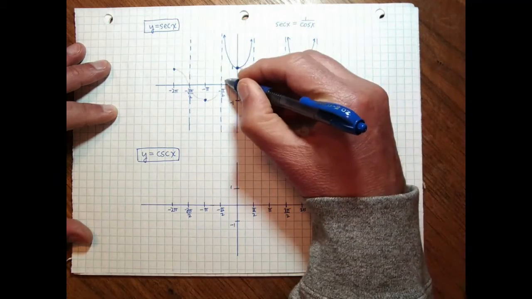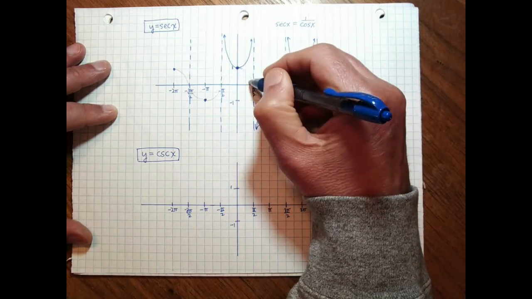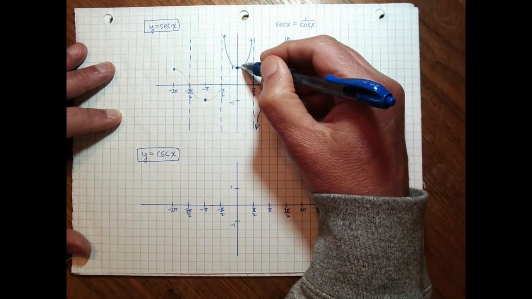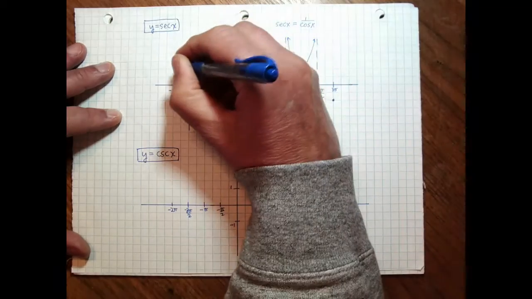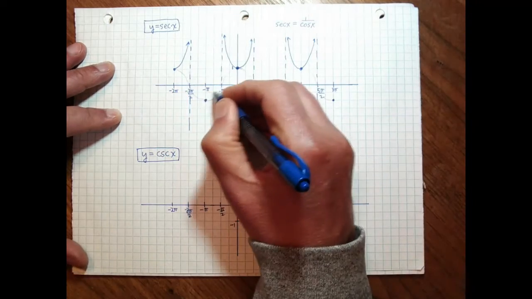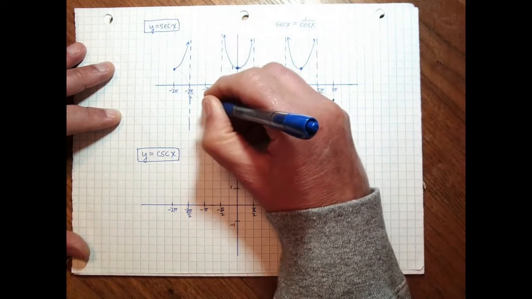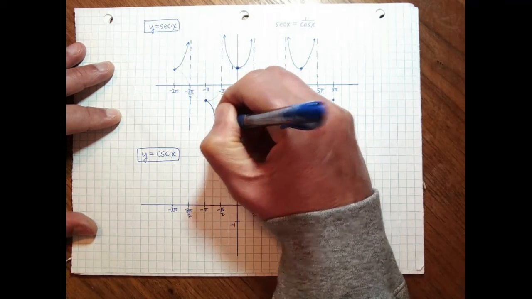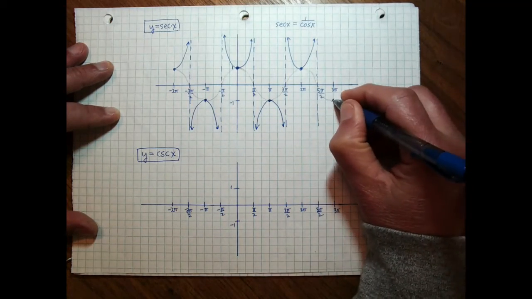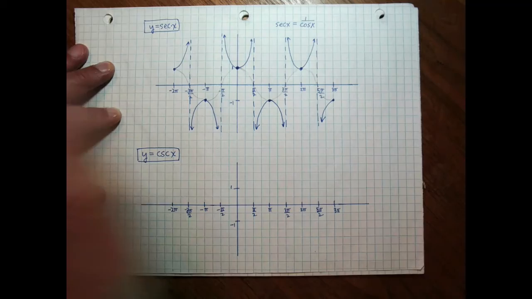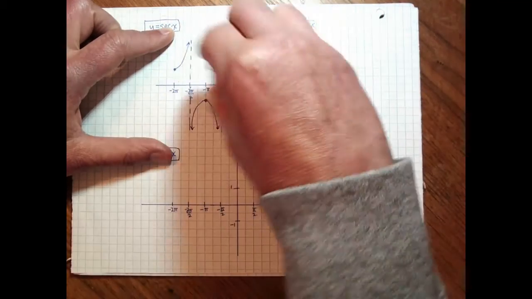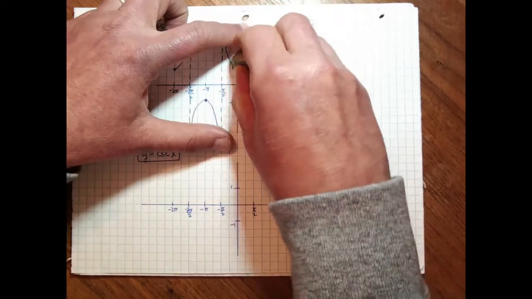And so wherever there's a hill of cosine above the x-axis, we get this sort of U upward shape of secant. Wherever there's a valley of cosine below the x-axis, we get this sort of overturned U shape approaching those vertical asymptotes. So I'm actually going to remove the cosine graph from my picture.